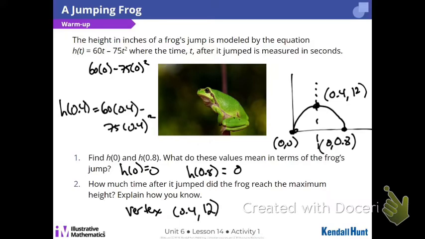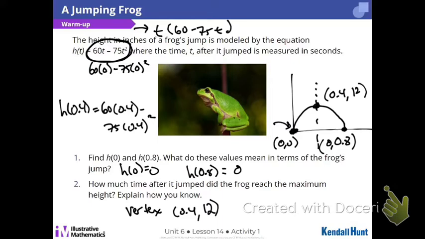Other places we can see these things. Up in here, what's my y-intercept? It's the constant. Yeah, it's 0. It's missing, right? So that's another pointing to our (0, 0) there. Then we could factor out a t. Do you guys see that? You could put it in factored form by factoring out a t. 60 minus 75t. And here's a connection I want to make with this.